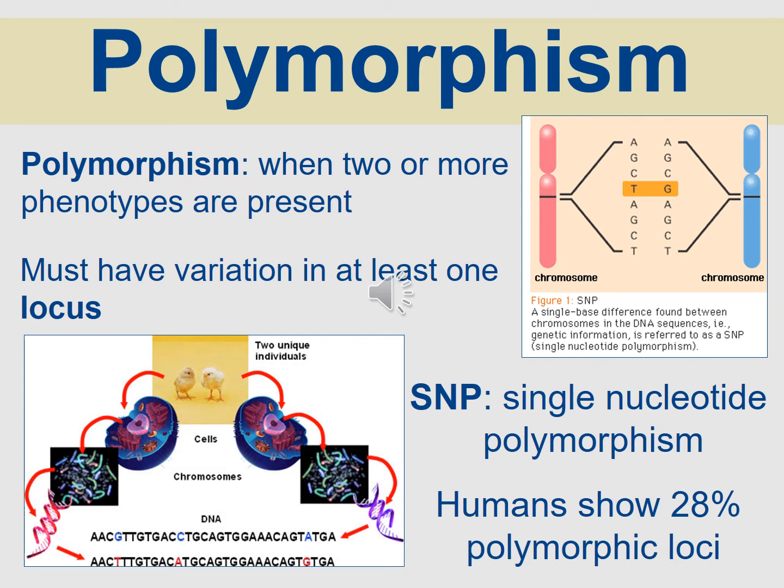And we can focus on a number of them. When we look at the DNA of humans, when we sample the DNA of modern human groups, and we sample DNA if we can extract it from ancient skeletons, what we've noticed is when we look at the number of SNPs, the number of single nucleotide polymorphic differences across human genomes, across major human groups, it looks like humans only show 28% polymorphic loci.